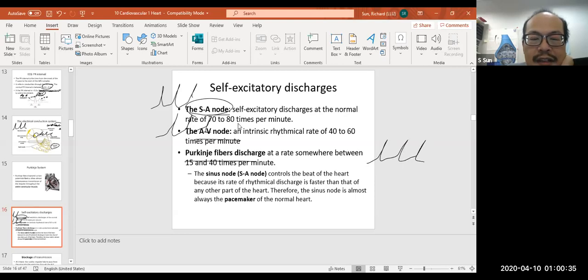It's just that their frequency is different. The SA node is the fastest one. The AV node is slower. Purkinje fiber is even slower.